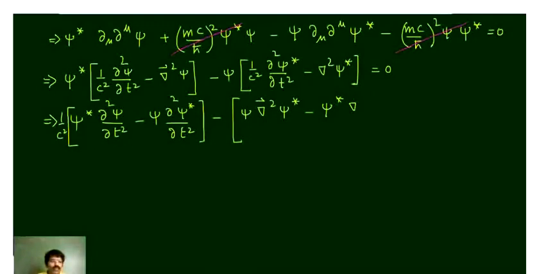Oh sorry, this will be star and this will be unstarred. No point in giving a vector, it's a Laplacian operator, sorry. And now I replace this minus sign by 1/i².